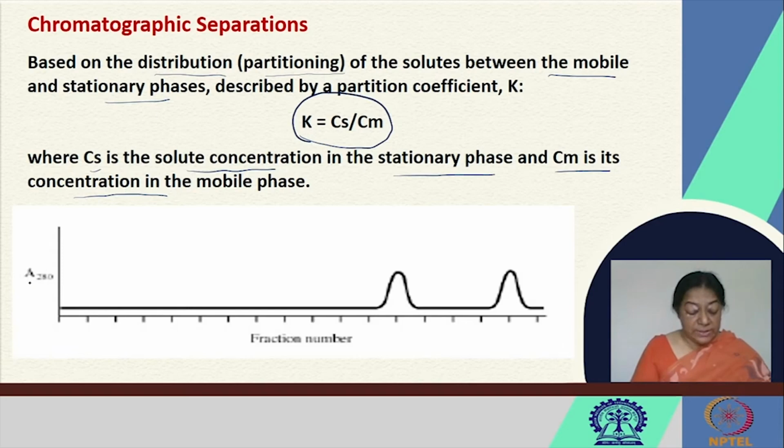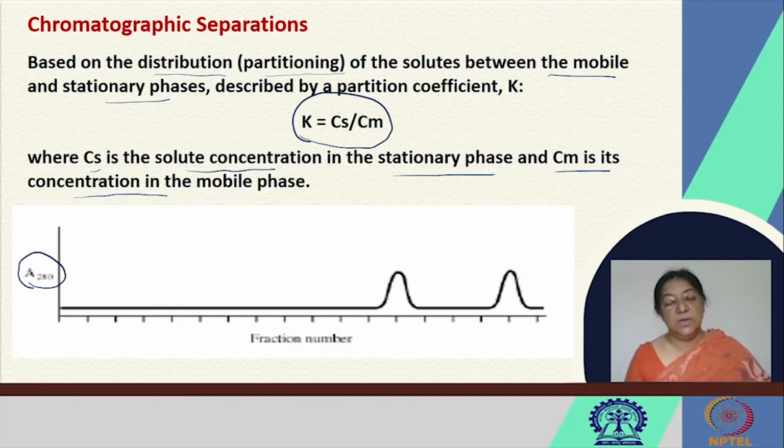What is marked on the y-axis here is the absorbance at 280 nanometers. We had seen previously that in the UV absorption of proteins, absorption at 280 nanometers indicated the presence of the aromatic amino acid residues.